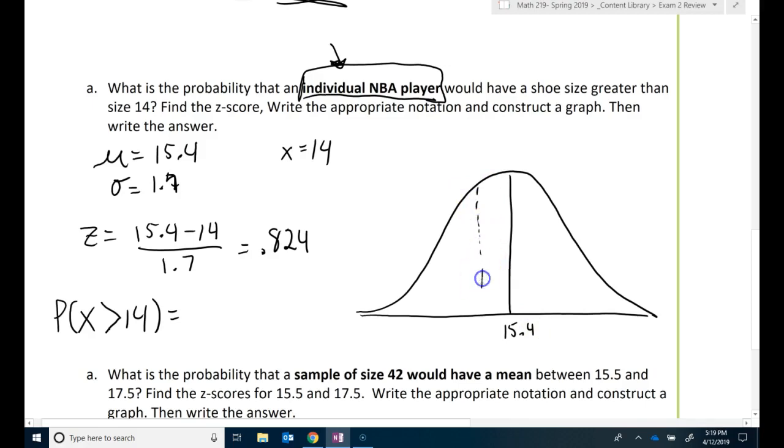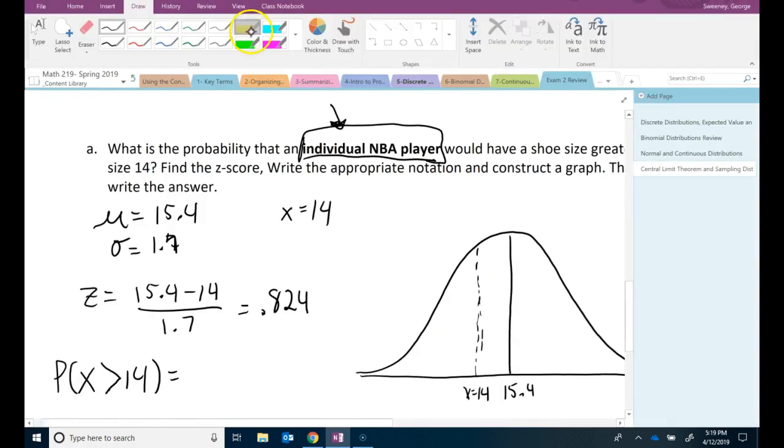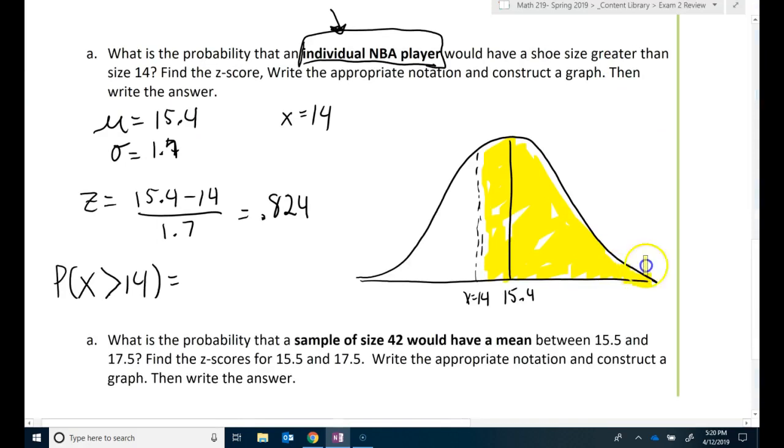It's a little bit less than 1 standard deviation away from the mean. So there's 14. X equals 14. And then here's the value. Then we just go ahead and shade it out. There it is. Done.